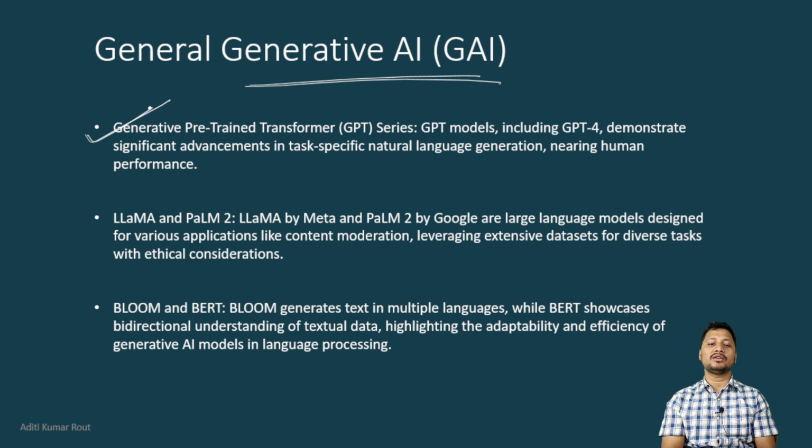And here, LLaMA and PaLM 2: LLaMA is provided by Meta, a third party vendor or company, and PaLM 2 is provided by Google. They created large language models designed for various applications like content moderation, leveraging extensive datasets for diverse tasks and ethical considerations. They did some customization, some advancement from their side. Again, these are generative models.